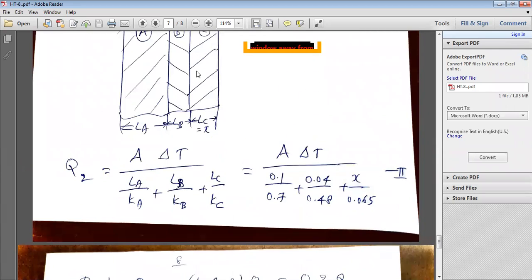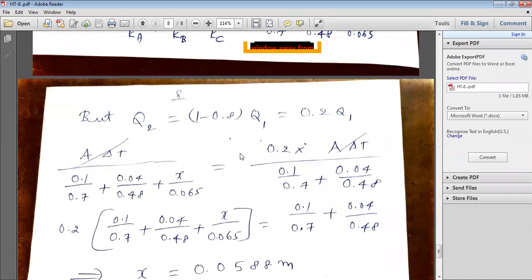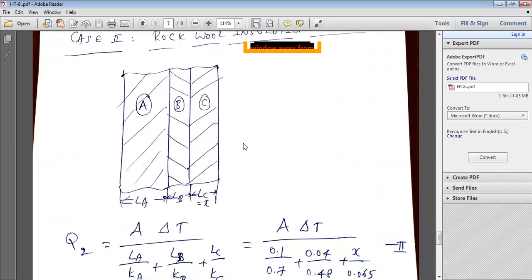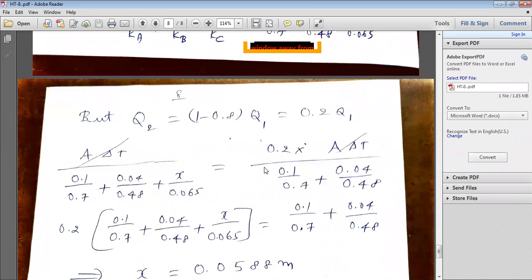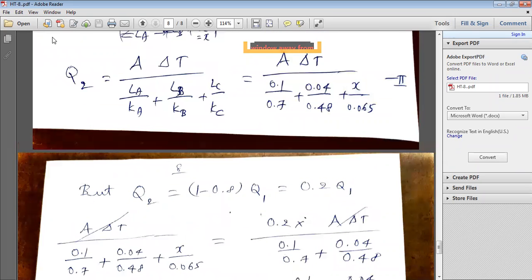If the rock wool is added, heat is passing through all three materials, and Q2 is only 20% of Q1. That is, Q2 is equal to 1 minus 0.8 times Q1, which is 0.2 times Q1.